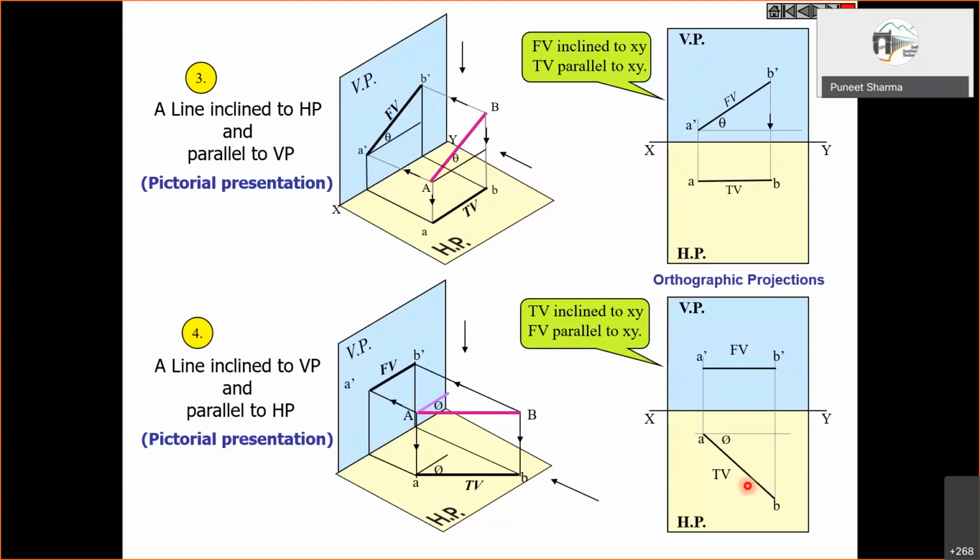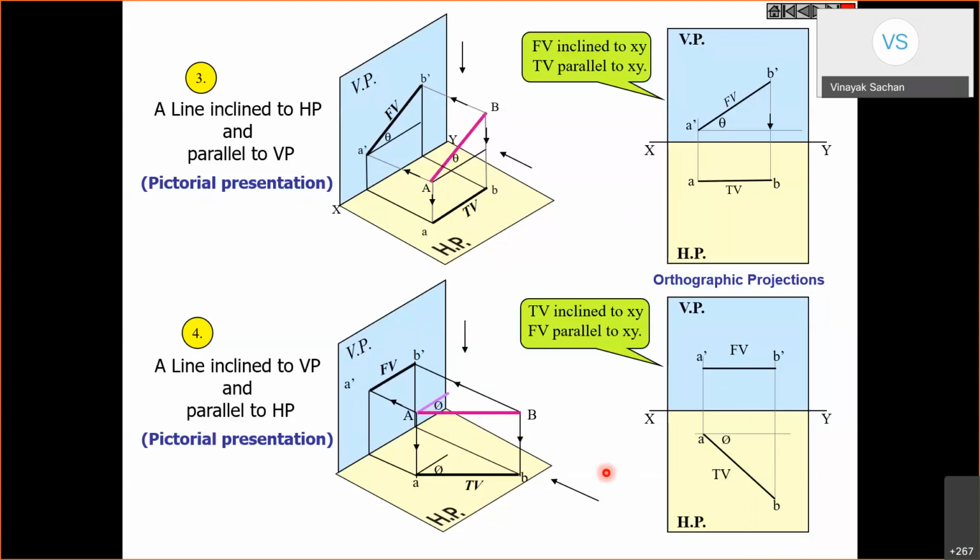Neither of these views will give us the true length. So there the problem will arise, how do we look at the front view and top view. Here also true length won't be available if it is not parallel to the vertical plane, and in the top view also if it is not parallel to the horizontal plane. For these two cases it is at least parallel to one of these, so it was easy to draw.